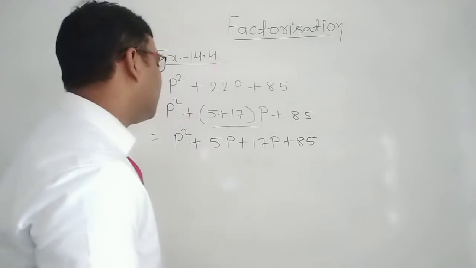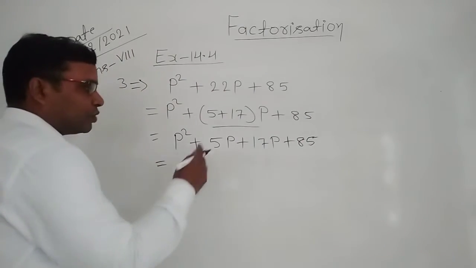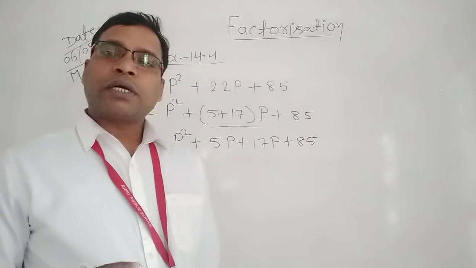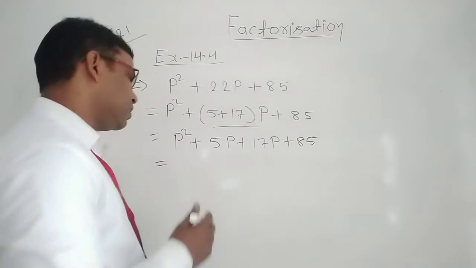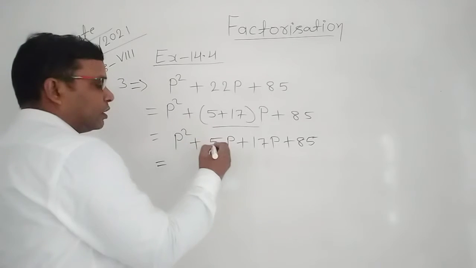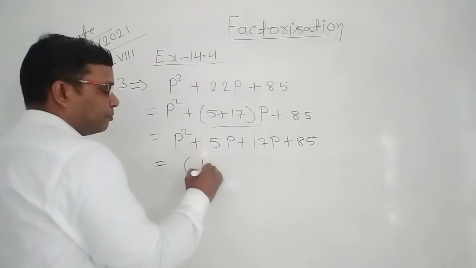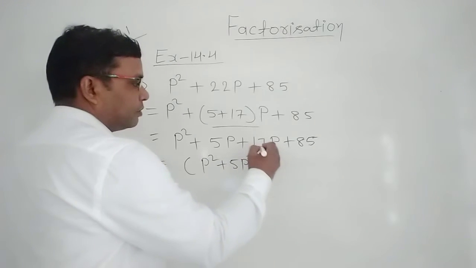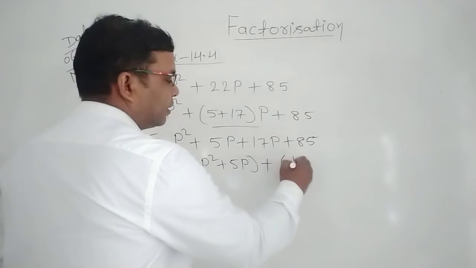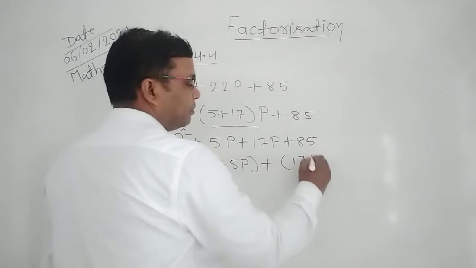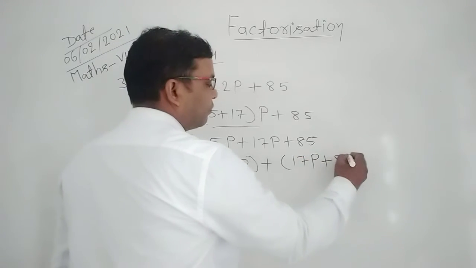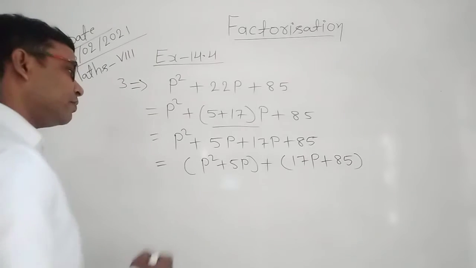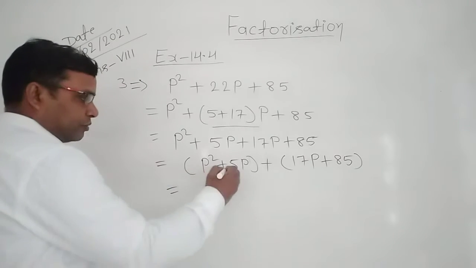Now after this we make groups such that we find some common factors. We take the first two terms to make the first group, p square plus 5p, and the last two terms to make the second group, 17p plus 85.